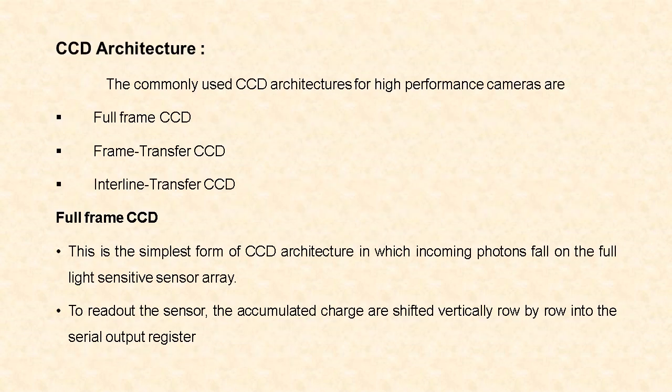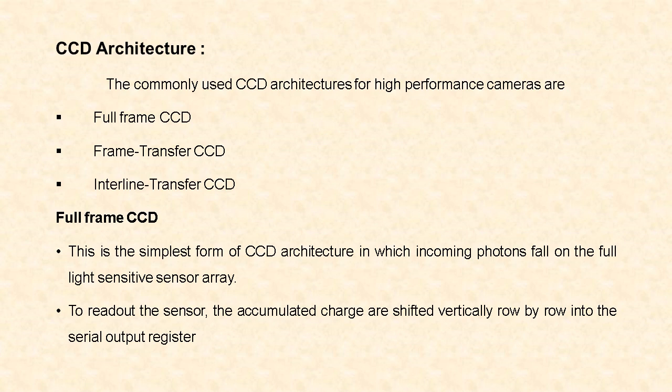Next is CCD architecture. The commonly used CCD architectures are full frame CCD, frame transfer CCD, interline transfer CCD. First is the full frame CCD. This is the simplest form of CCD architecture in which incoming photons hit the sensitive sensor array.